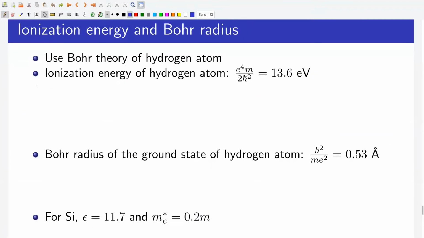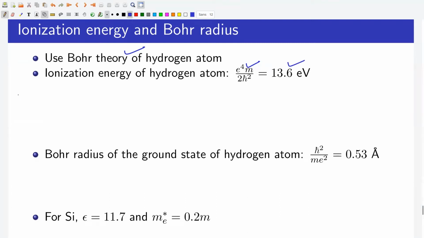Now, let me show you how to get the ionization energy and Bohr radius for a donor atom using Bohr theory of the hydrogen atom. From Bohr theory, the ionization energy of atomic hydrogen is equal to e^4 m divided by 2 h bar squared, which is equal to 13.6 electron volt.